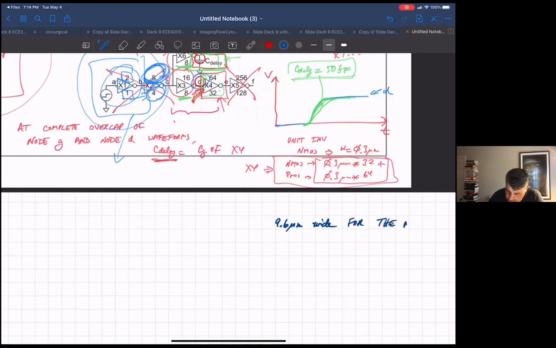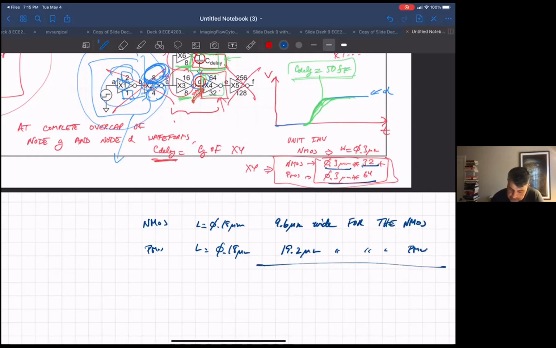That's the total width of the NMOS, because I have 32 0.3 micron wide devices, and the assumption is I'm always going to use minimum length NMOS and minimum length PMOS. And this guy is going to be 64 times 0.3, so 19.2 micron width for the PMOSFETs.